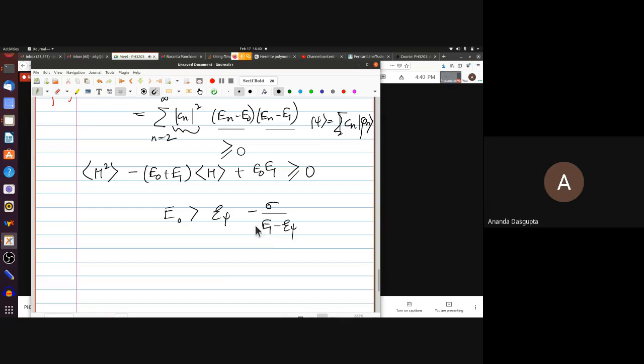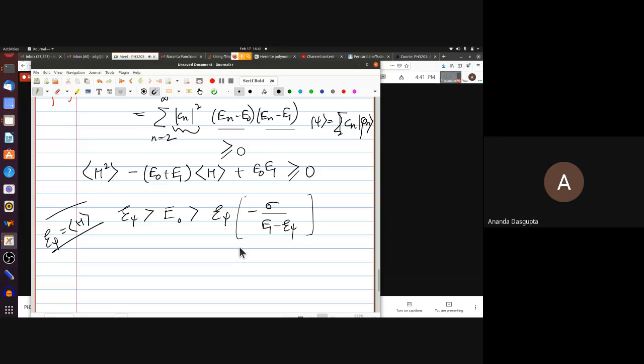So this tells me that, okay, I already know that it's less than or equal to curly E psi, because curly E psi, remember, is our notation for the expectation value of H. And the variational principle tells us that E0 is less than curly E psi. And this is telling me it's more than curly E psi minus sigma squared by (E1 minus curly E psi). So if you can make this term small somehow, then this gives a tight bound within which you can confine your E0. E0, of course, is a definite number.